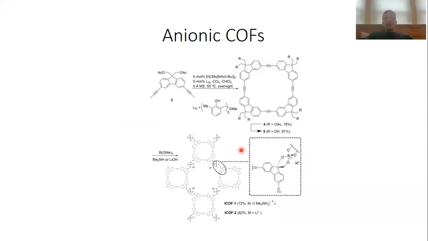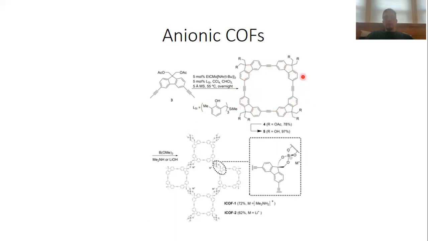All right. Thus far, we have discussed all neutral frameworks, but one can also make covalent organic frameworks with both negative charges and also positive charges. And I wanted to illustrate this here by a few examples also. So here in this example, which was actually the first example of an anionic COF, first a macrocycle is being formed.